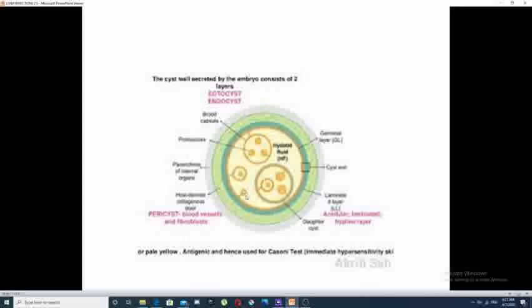If you see this figure, they are attached to the germinal layer by a stalk. And with time, due to multiple trauma to the cyst, these stalks may disintegrate and the scolices become free within the hydatid fluid.